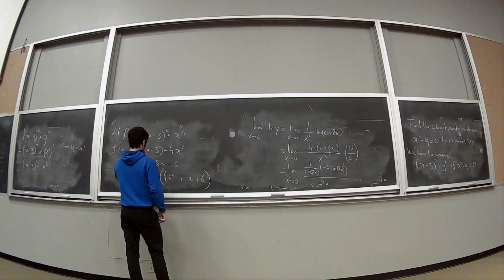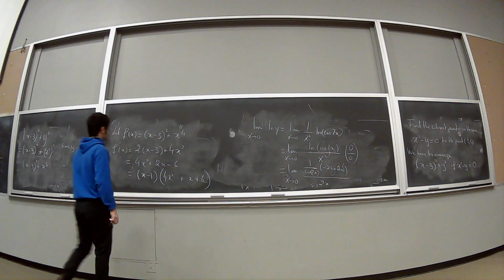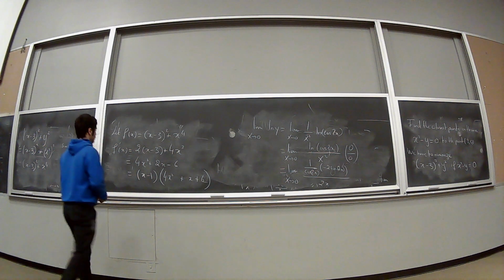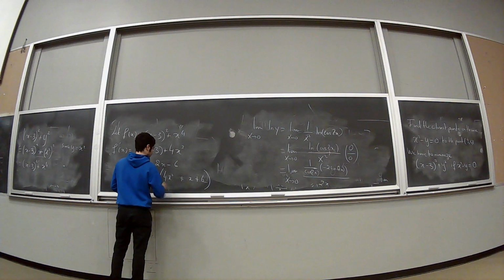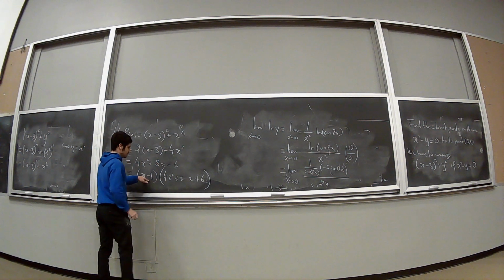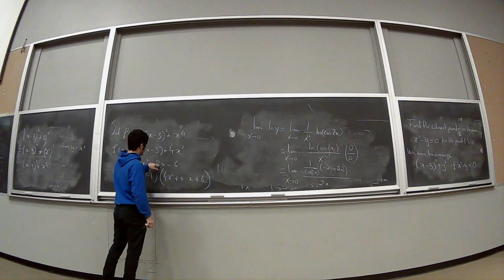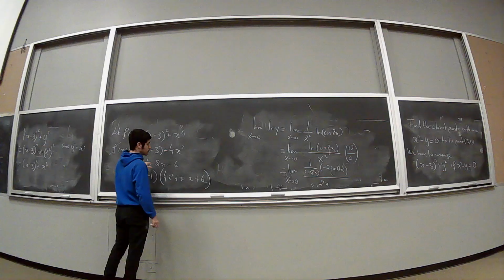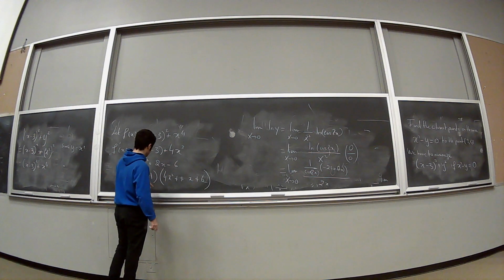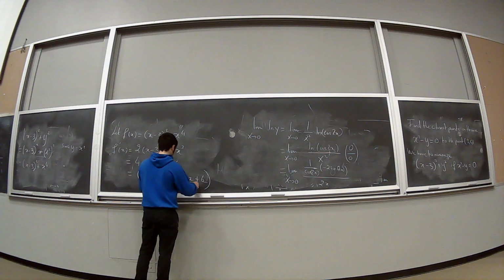Let's plug in x equals 2. Just a second, folks. It's 32 plus 4 minus 6, so it's 30. So you get 16 plus 6.